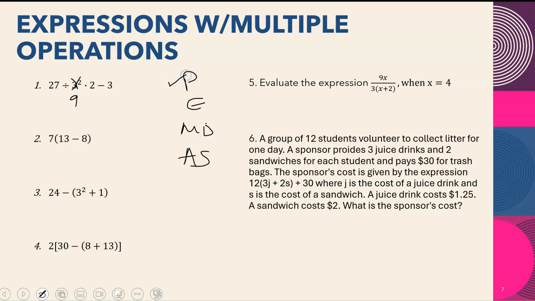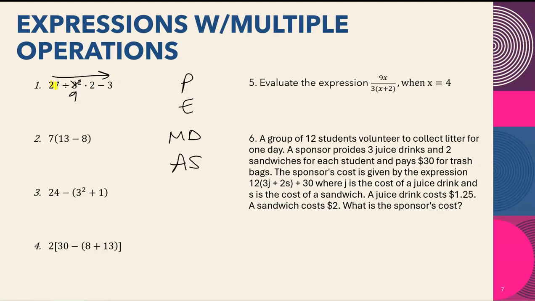So our parentheses are done, exponents are now complete. We're going to multiply and divide from left to right. From left to right, 27 divided by 9 gives us 3. Again, that takes the place of what we just did. So instead of 27 divided by 9, we can now substitute 3, and everything else stays the same.